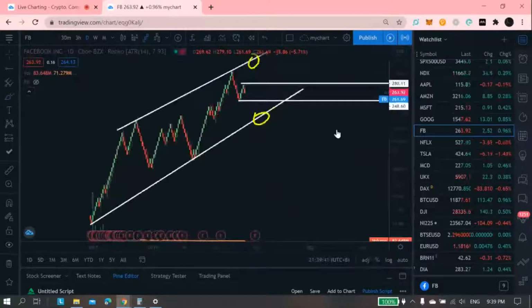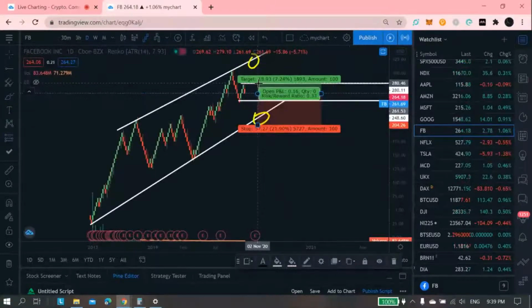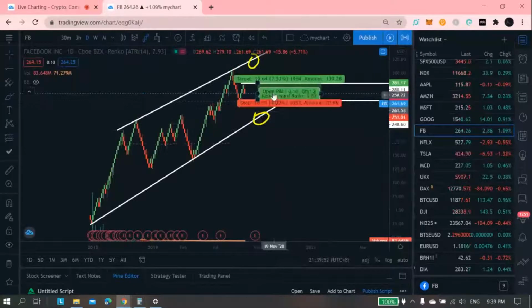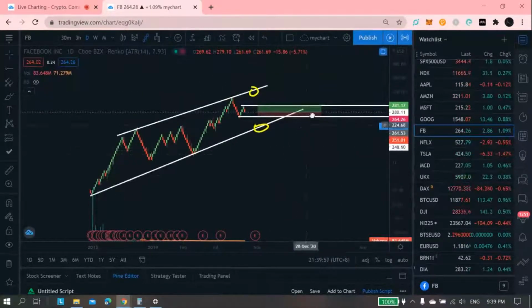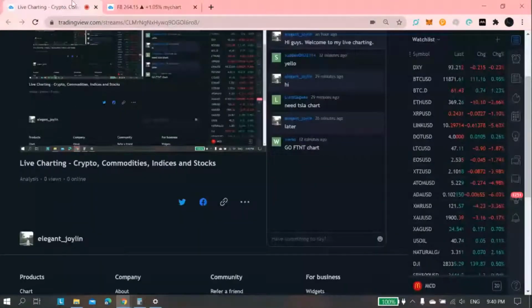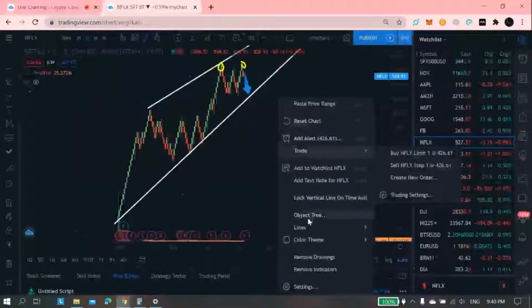So it's a no trade zone for me. I'll just wait for a more attractive trade. So I'll just measure it. So that's actually 1.87. Now on to Netflix. Netflix, and then after that is Tesla.